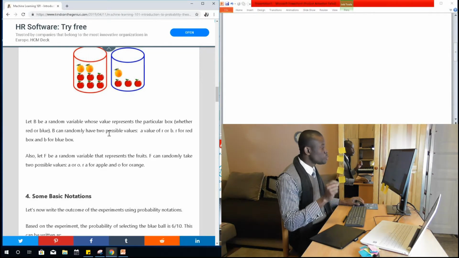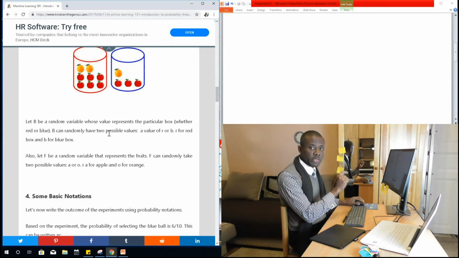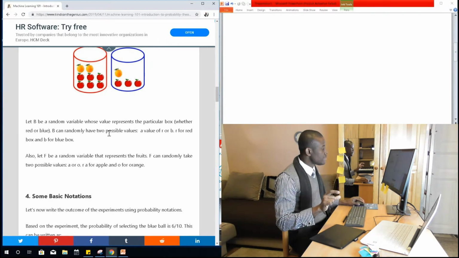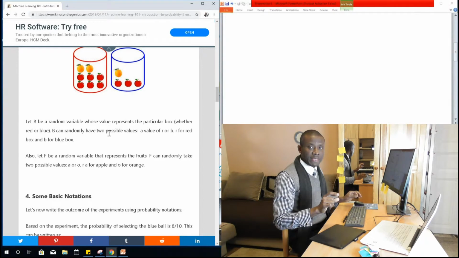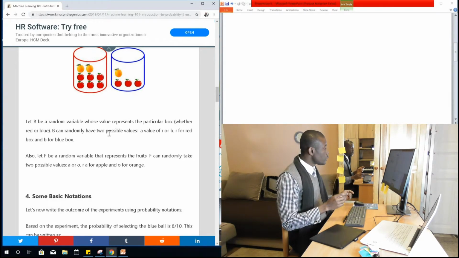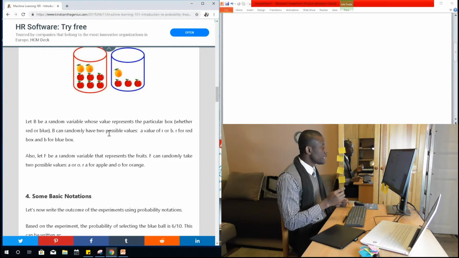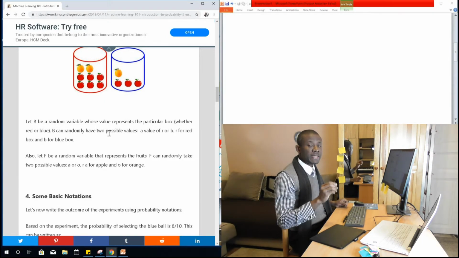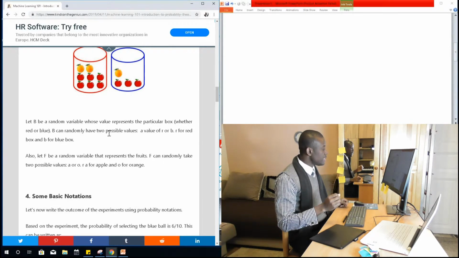B can randomly have two possible values, either a red box or a blue box. So B is a random variable because it can take on two values. Also, F can be a random variable that represents the fruit. F can take on two values, either an apple or an orange.